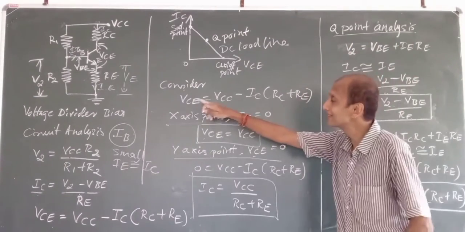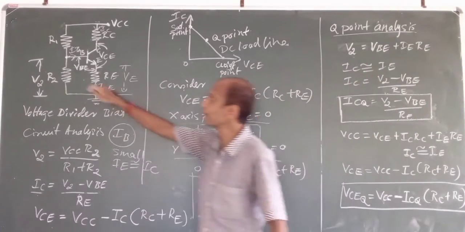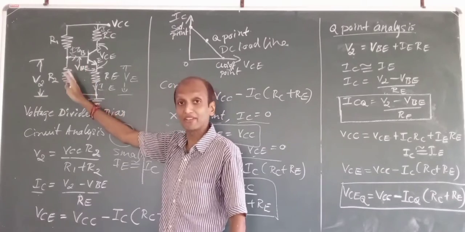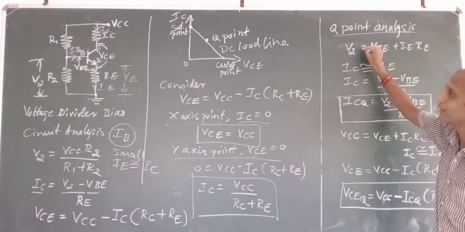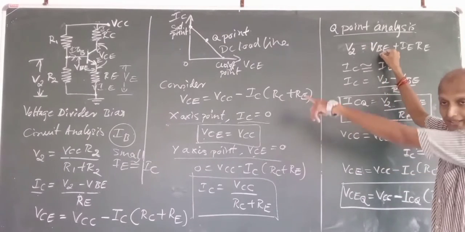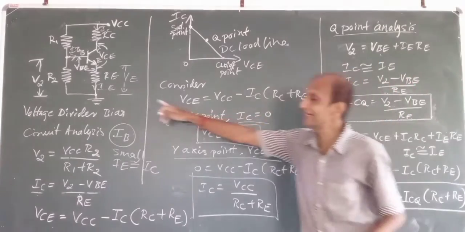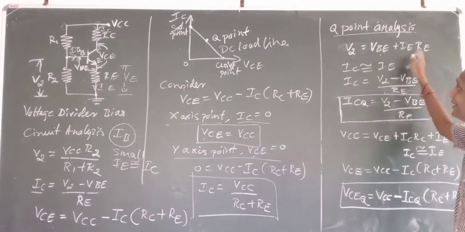For Q point analysis, we will again consider the equation for the voltage drop across V2. If I apply KVL at this base circuit, V2 will be equal to VBE plus IE RE. IE RE is the voltage drop across RE.